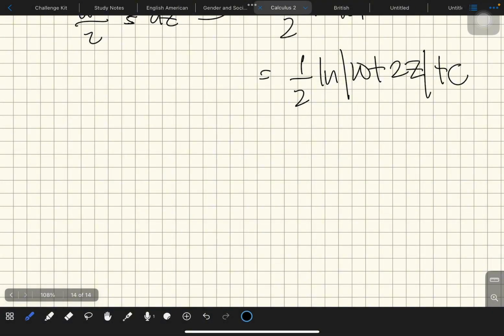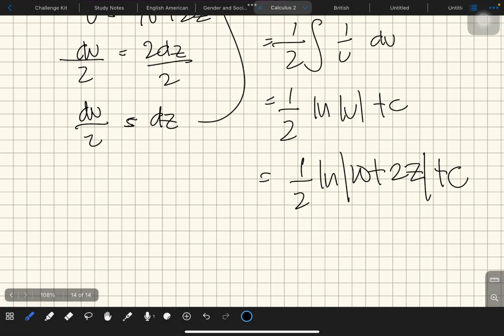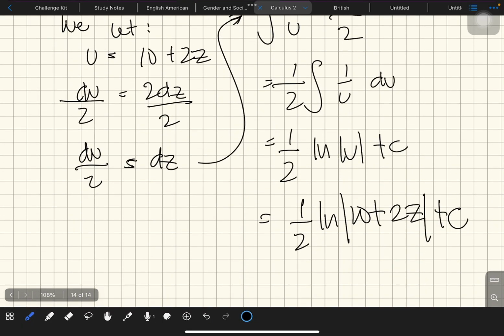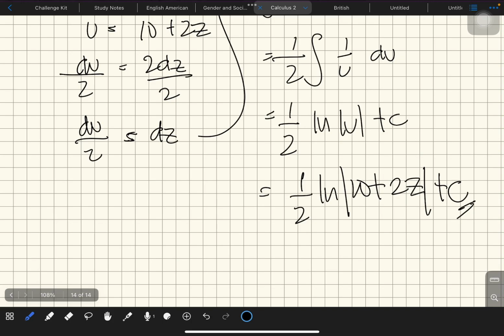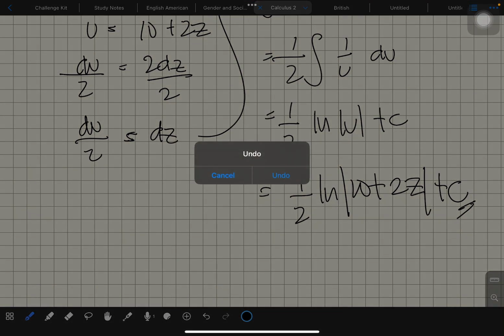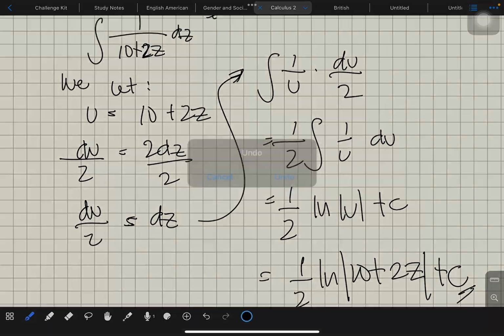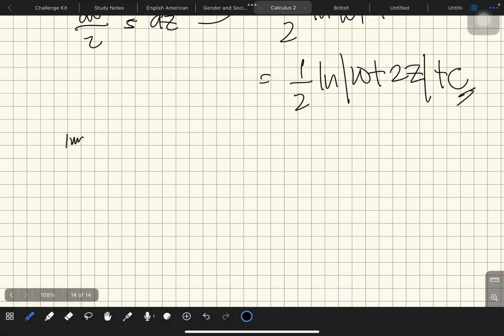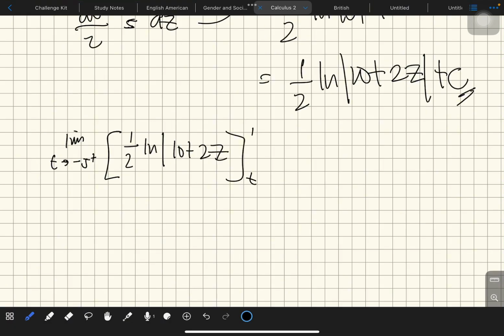So now we have our value, so let's apply the limit. But when we apply the limit, do not copy the c, because that c represents just a constant. So now the limit where t approaches negative 5 from the right, 1/2 ln of 10 plus 2z from t to 1.